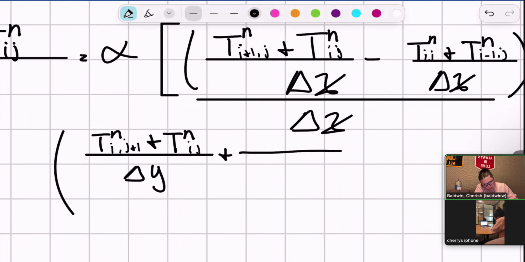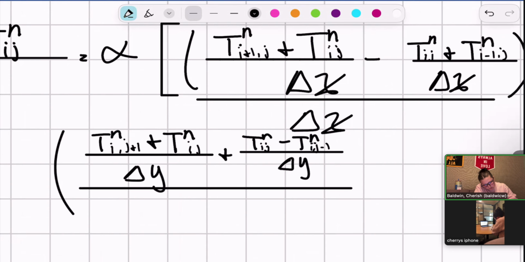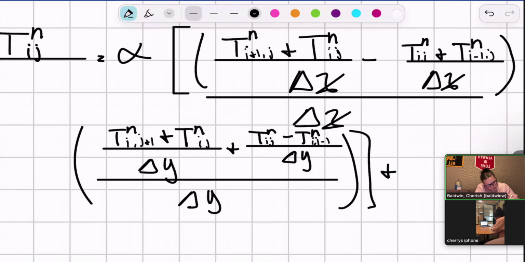Plus T n i j, T n i j minus 1 over delta y also, and this is all over delta y, plus Q over rho Cp. All right.